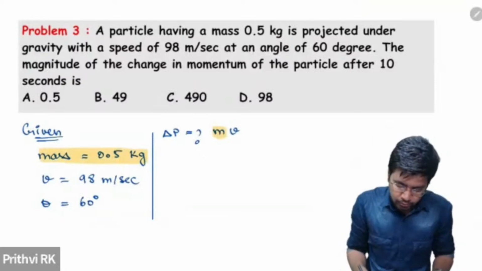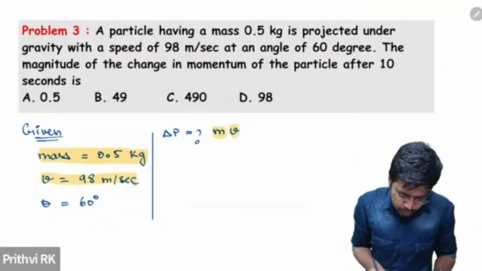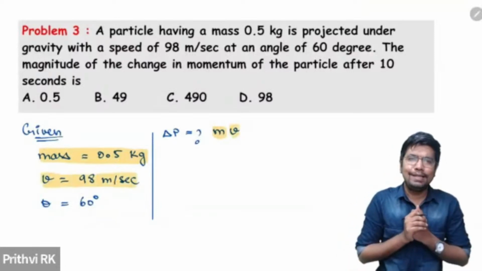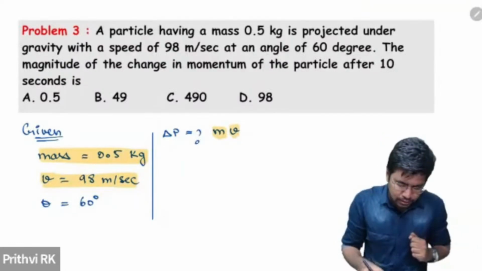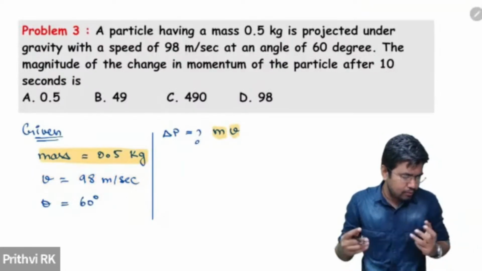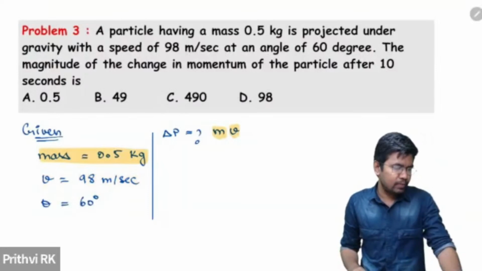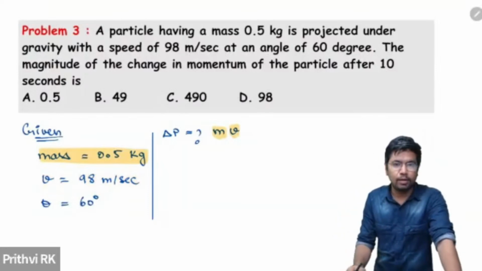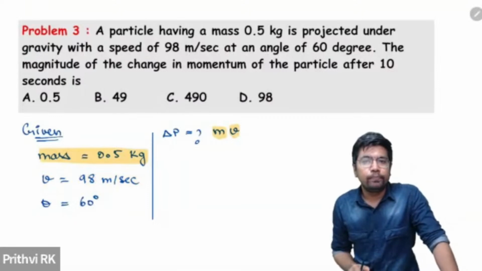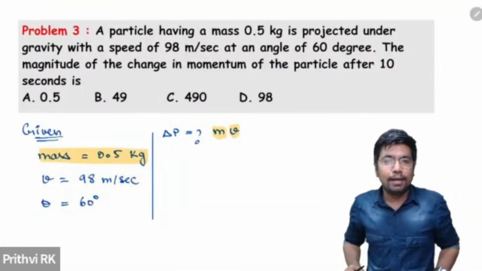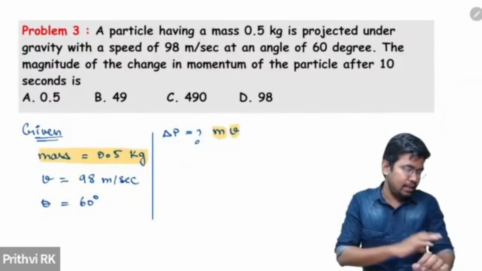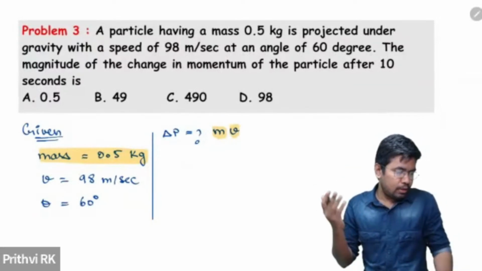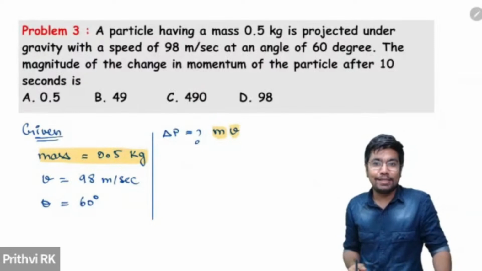And you need velocity. Is velocity present in the question? Yes, there is 98 meter per second. But is it the exact velocity that we have to use in this question? That is the thing I want to ask you. It is projected under gravity with a speed of 98 meter per second at an angle of 60 degree, right? So what will be the answer here?